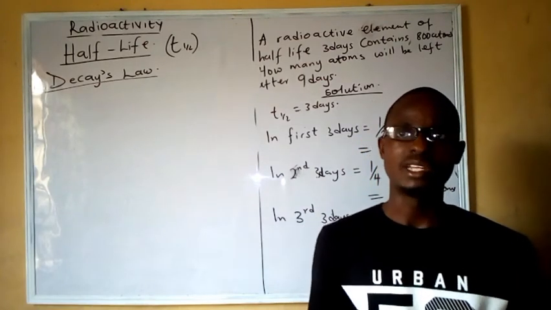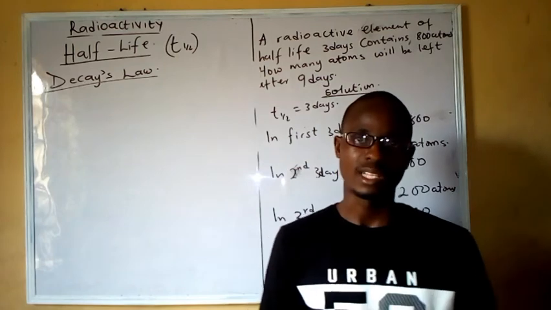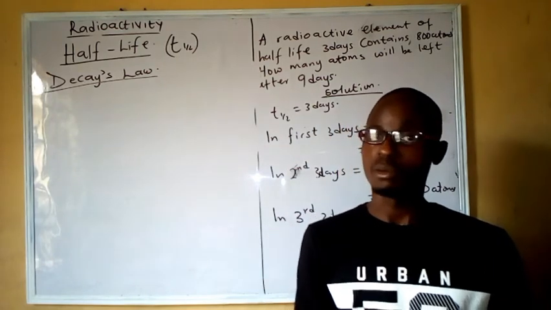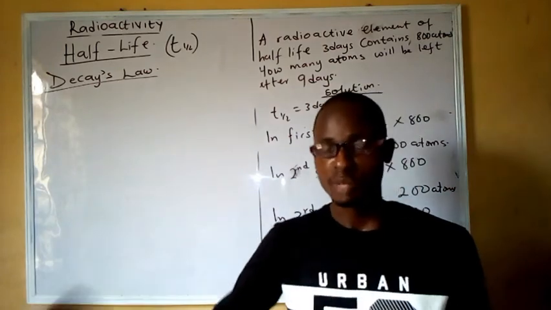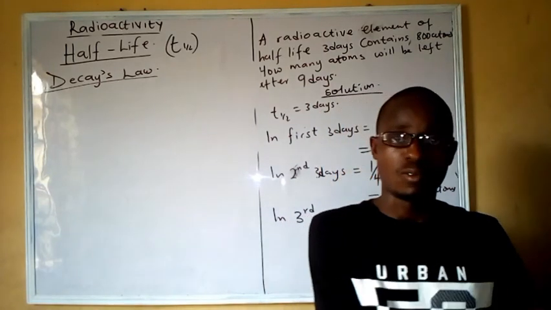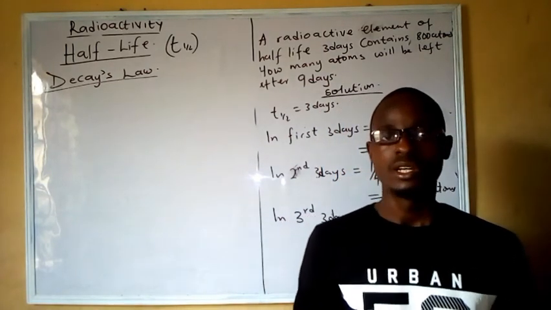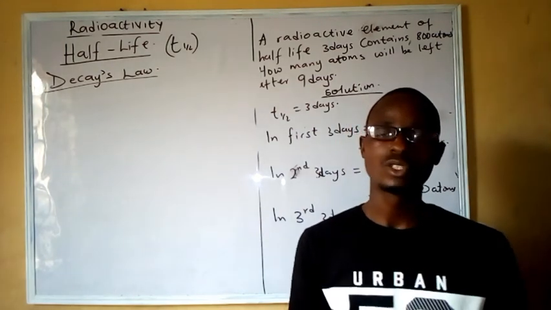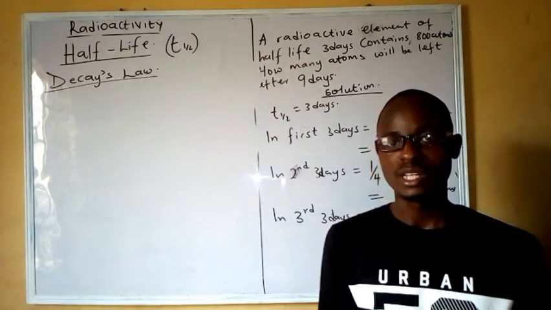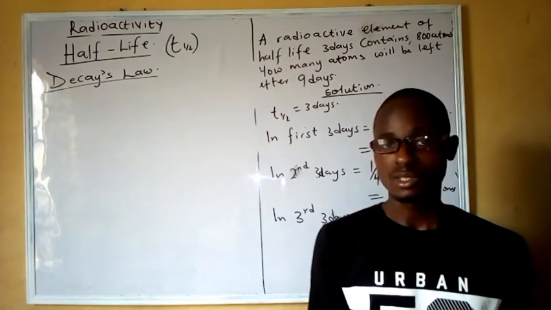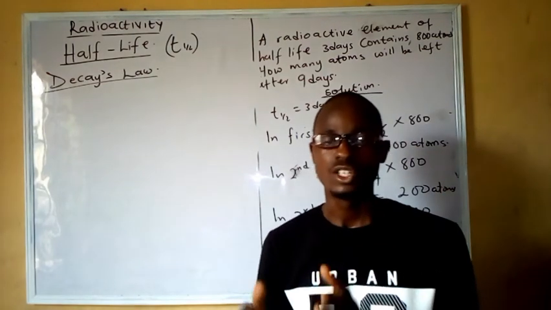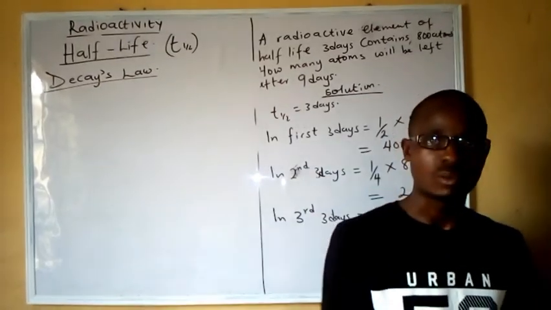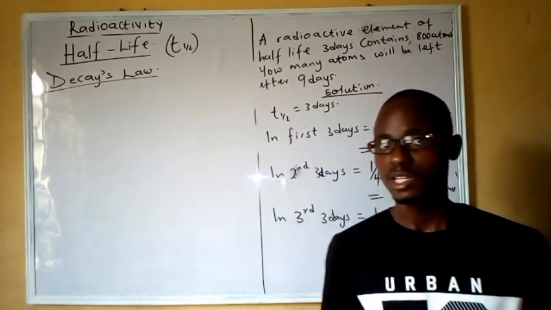So from this idea, we can bring out a formula that can be generally useful in calculating the number of atoms that will be left after some time, provided we know the number of atoms present initially. So the rate at which those atoms disintegrate is proportional to the number of atoms present. So that is Decay's law.